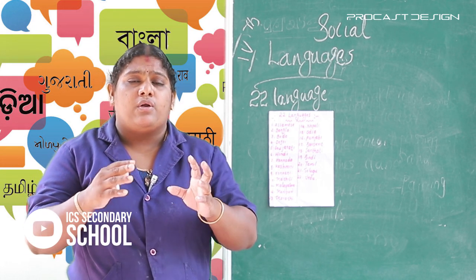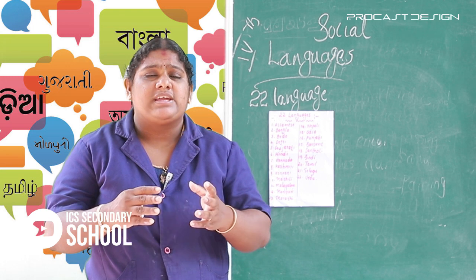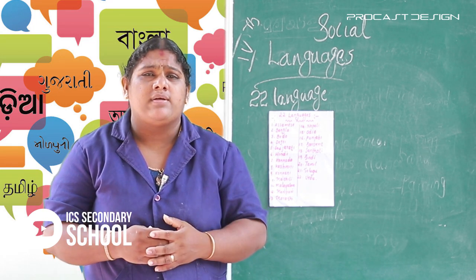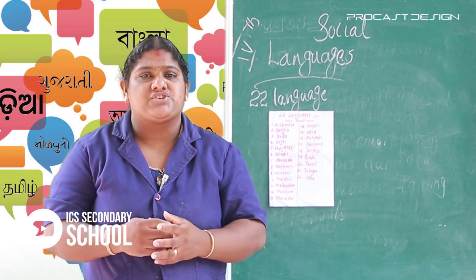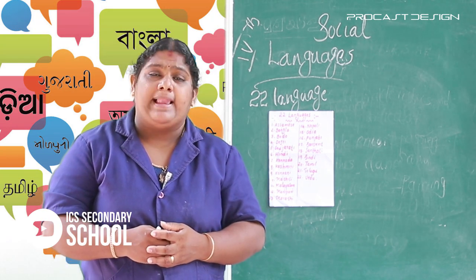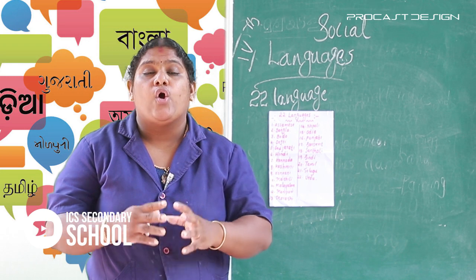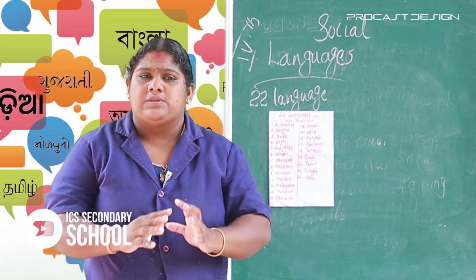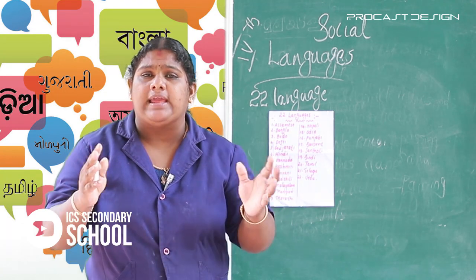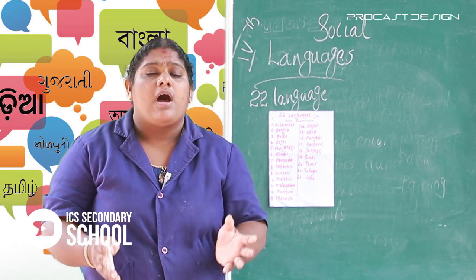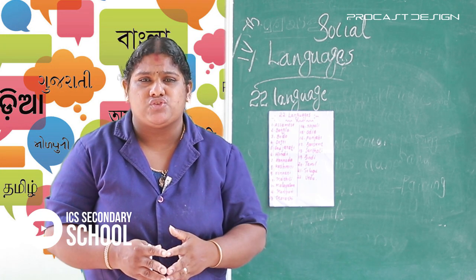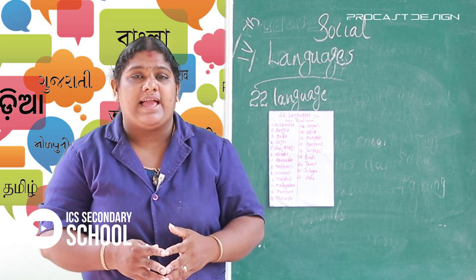So, all of you listen here. We studied what is culture, then we studied about language, the first section of the chapter. India is home to several hundred languages. Out of these, 22 languages are recognized by the Constitution of India as official languages.